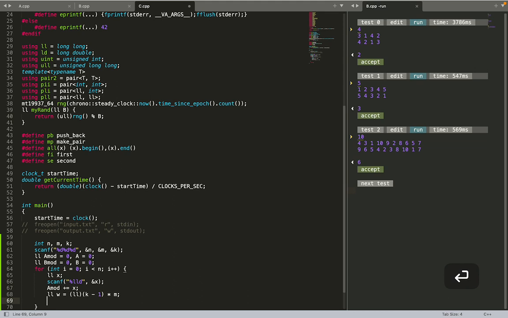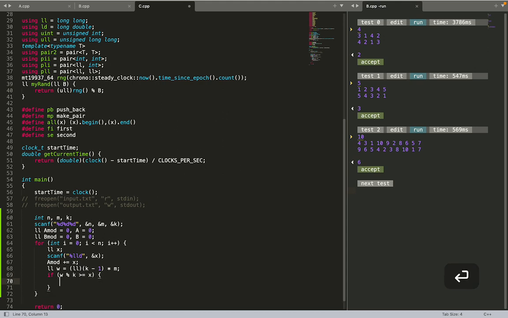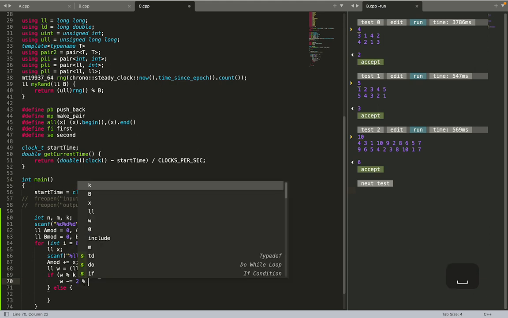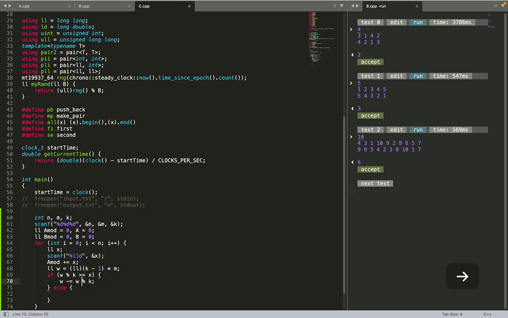But it should be equal to x modulo k, which means that if it is bigger than x for now, then just decrease it until it is exactly x, which means take out the current modulo value and then add x.